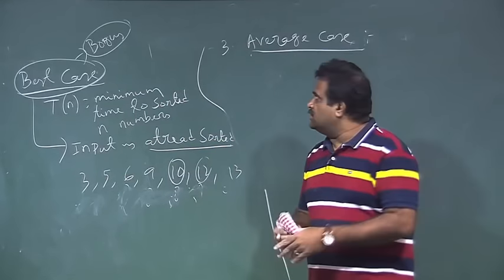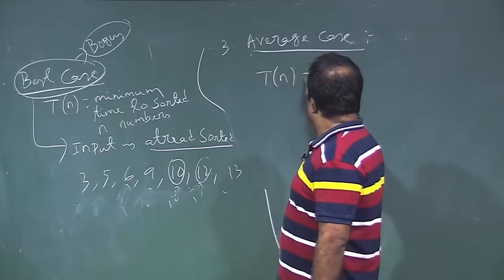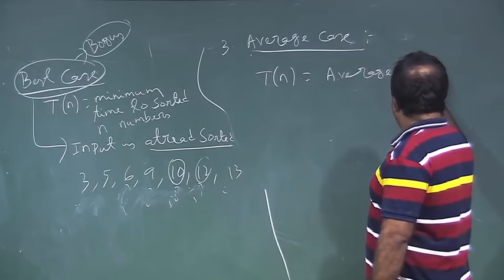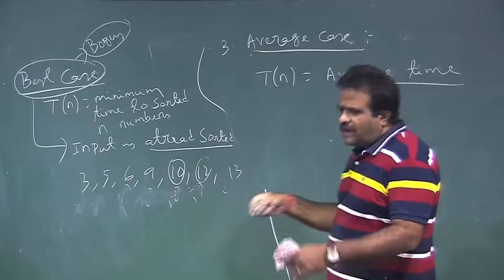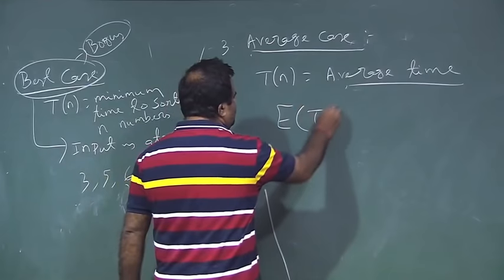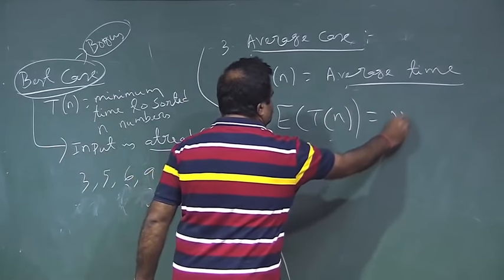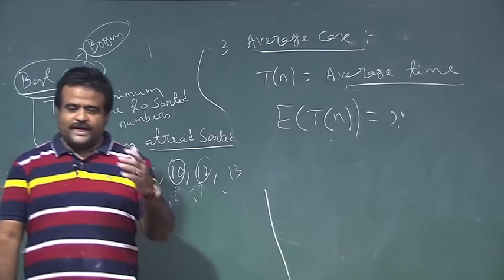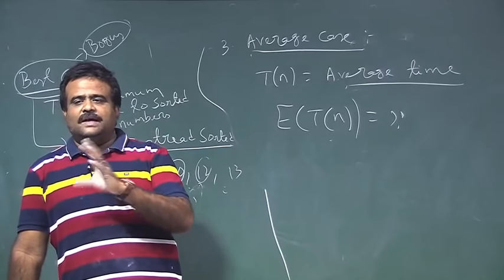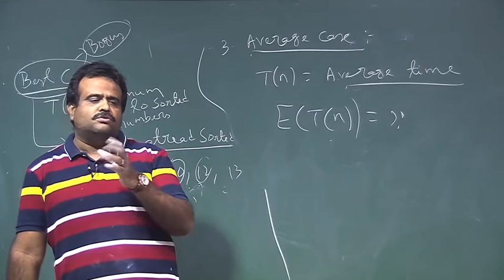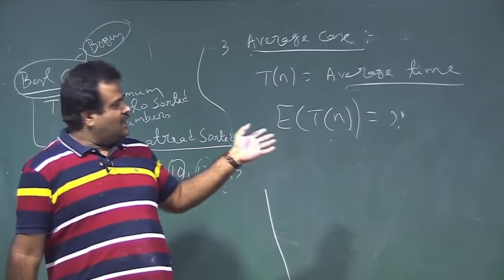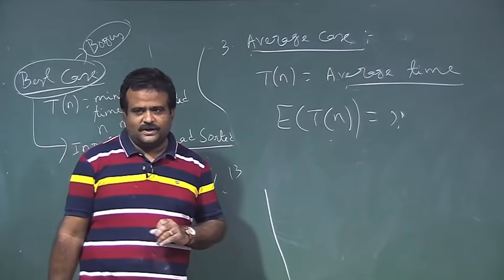Now T(n) is the average runtime. To be very honest, for the average we need to take the expectation, so we need to deal with the expected value of T(n). There we need to assume some distribution on the input, such as the input being equally likely. We may do some such analysis in our course, but this is basically the average case, the expected runtime.